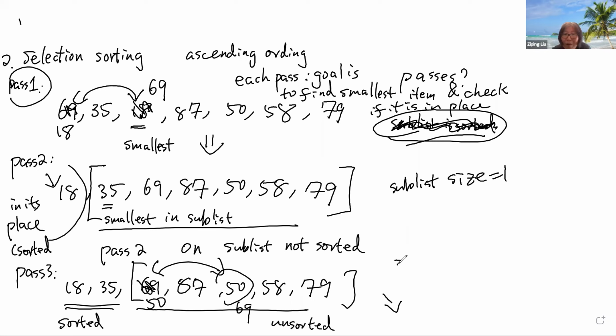When you only have a single item, that's the smallest in its sublist, is it? So that's the single termination condition, okay? In selection sort.